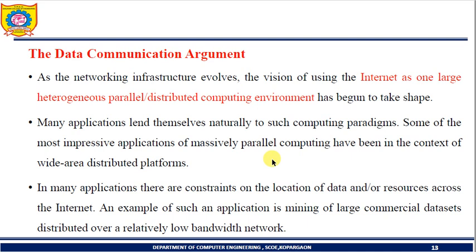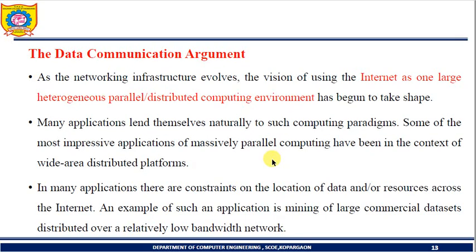Some of the most impressive applications of massively parallel computing have been in the context of wide area distributed platforms. In many applications, there are constraints on the location of data and/or resources across the internet. An example of such an application is mining of large commercial data sets distributed over relatively low bandwidth networks. In some applications, data is distributed at different locations, or resources are not available at one location.